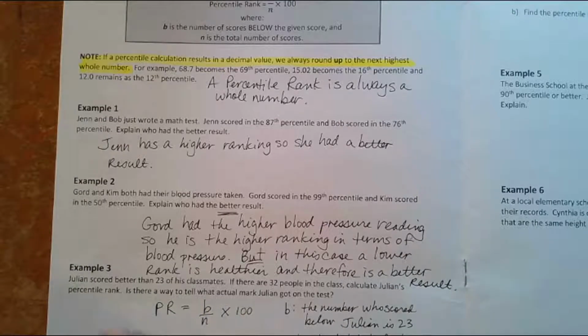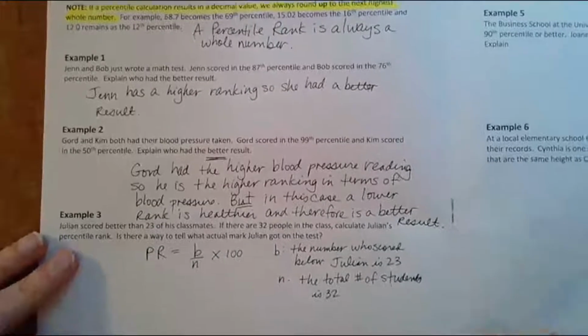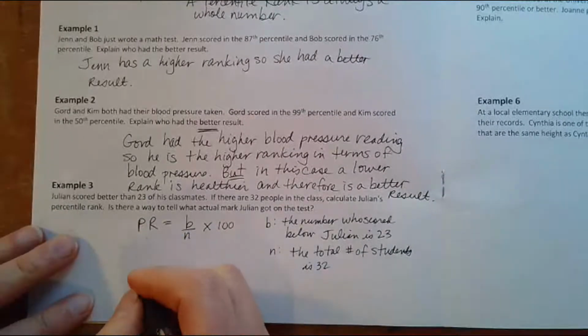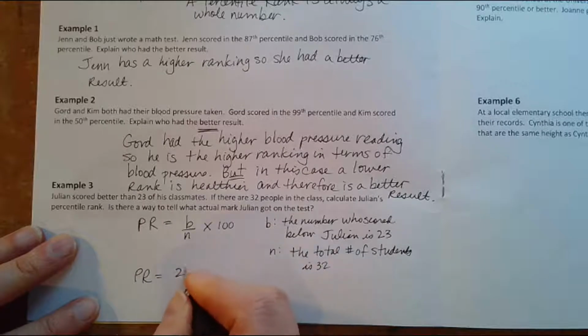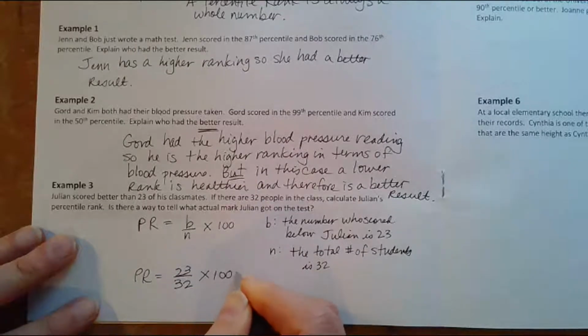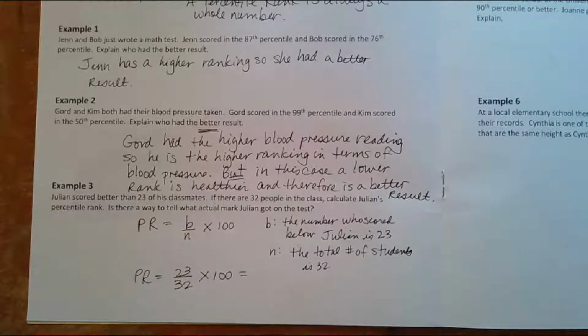Is 32. Okay, so I have my B, I have my N. Those are the only two numbers I need for my formula. So percentile rank equals B over N times 100 equals, all right, let's see.